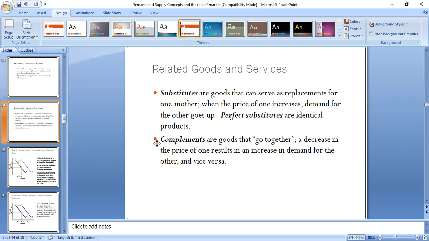Substitutes have a positive relationship in terms of the price of one and the quantity demanded of the other, whereas complements have a negative relationship between those two commodities in terms of the price and the quantity demanded for the two corresponding products.